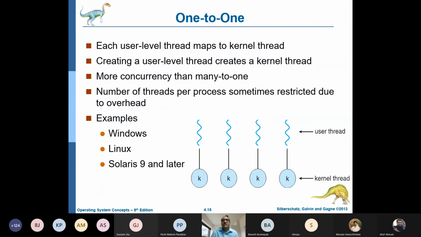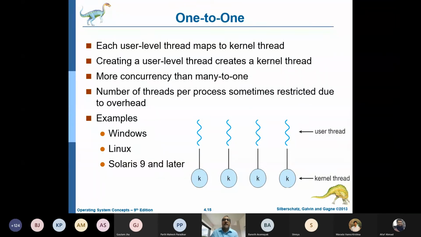So as the number of user threads increases, the kernel threads also have to increase proportionately. But managing several kernel threads in the operating system is very hectic, because each kernel level thread has to maintain its control information, its status, and everything. So at a certain point, managing more kernel threads is also very difficult.